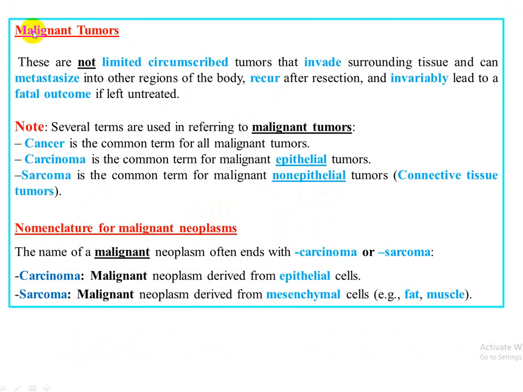Malignant tumors. The features or behavior of malignant tumors are in contrast to benign tumors.